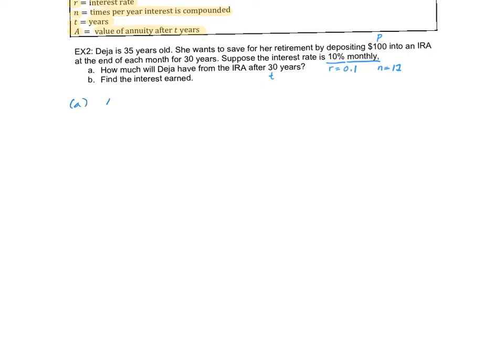Part A, we're just going to plug our values into our formula. Here P is 100 times 1 plus, this is R over N, and R is 0.1, N is 12, T is 30, so the exponent is N times T, which would be 12 times 30.